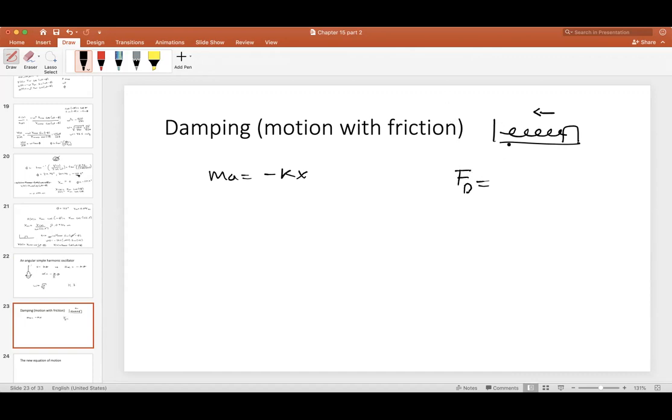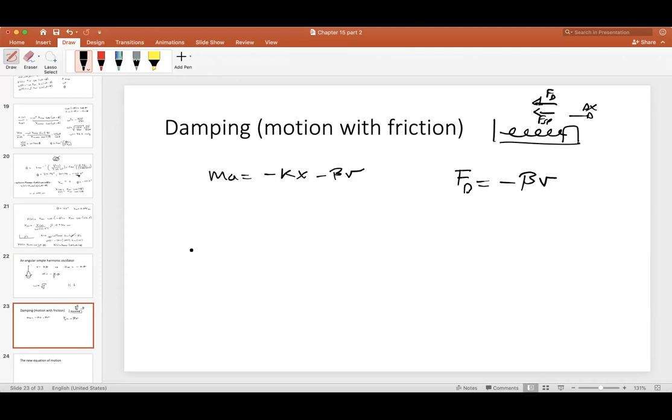And we're going to assume this damping force has a form beta times v, that it depends on the velocity and some constant, okay? So our equation of motion, Newton's equation, is that there is a force of damping and there's a force due to the spring as this thing slides that way. It tries to stop it, okay?